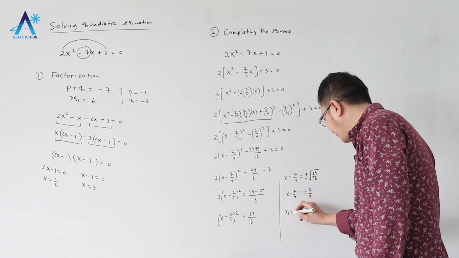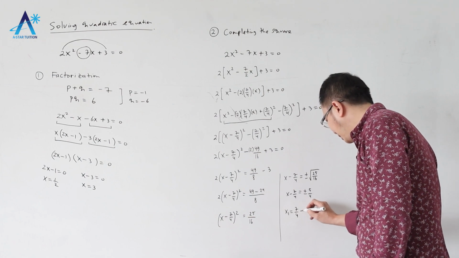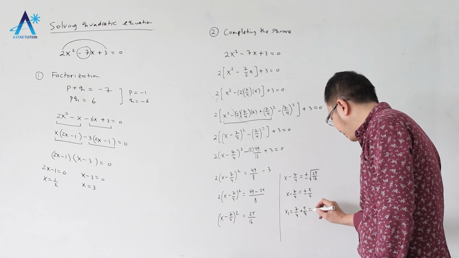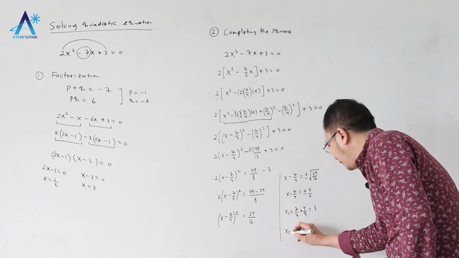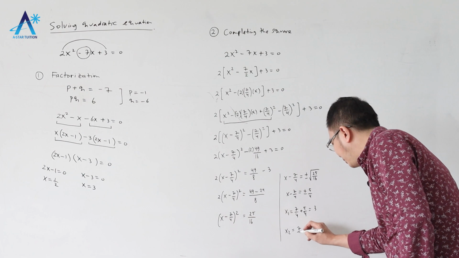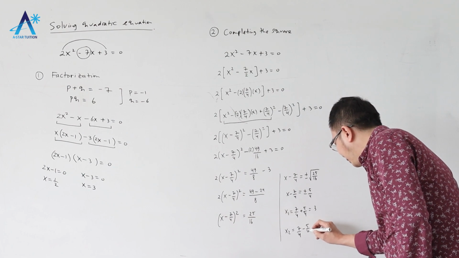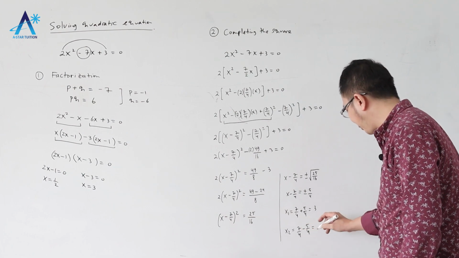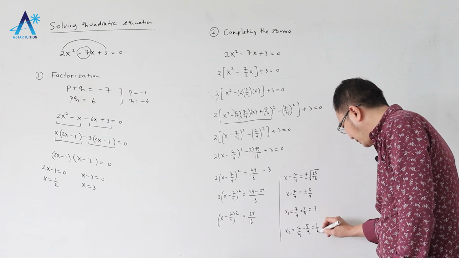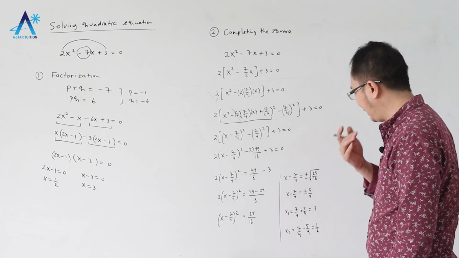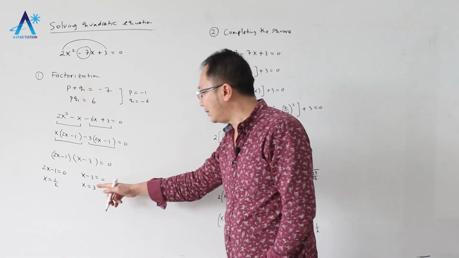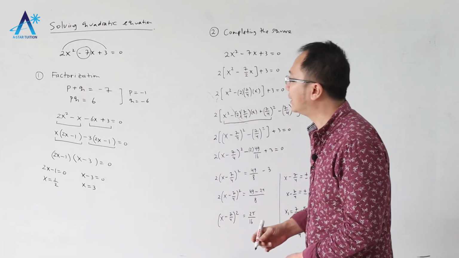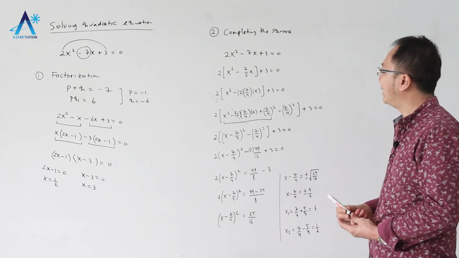So the first x value is 7 over 4, positive 5 over 4, which is 12 over 4, which is also equal to 3. And the second solution is 7 over 4, negative 5 over 4, which is equal to 2 over 4, and that's equal to 1/2. Okay, these answers are consistent with the ones we got using the factorization technique.